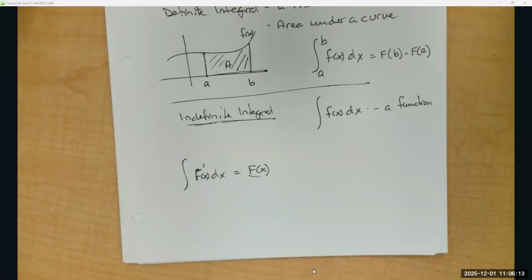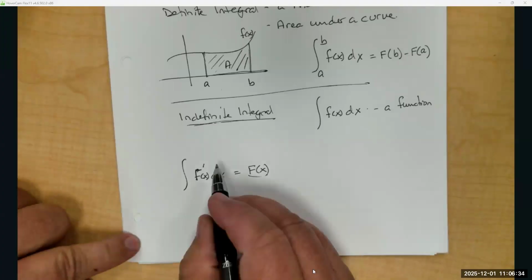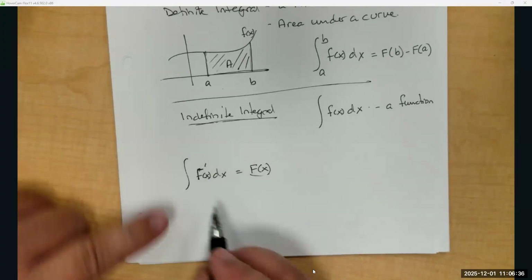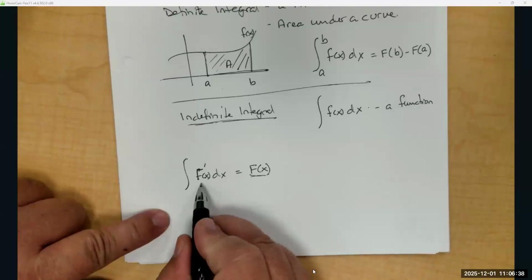The constant's derivative is always going to be zero. Like 4x plus 6 and 4x plus 8. Very good.